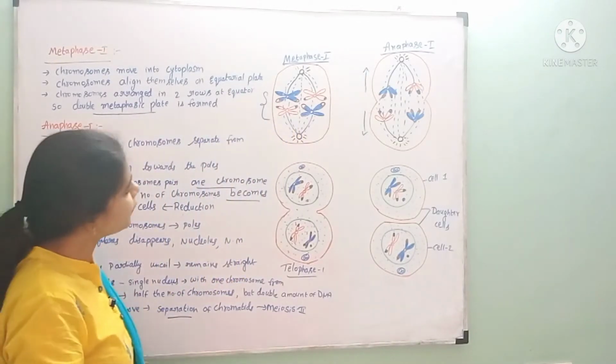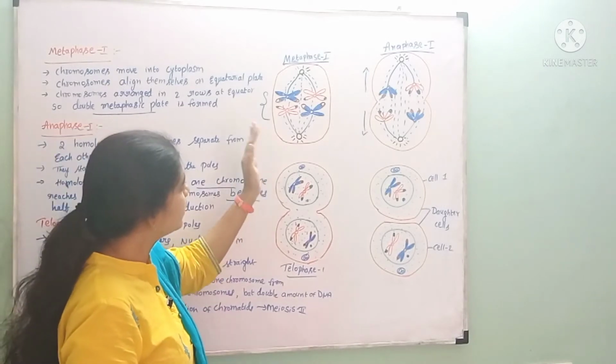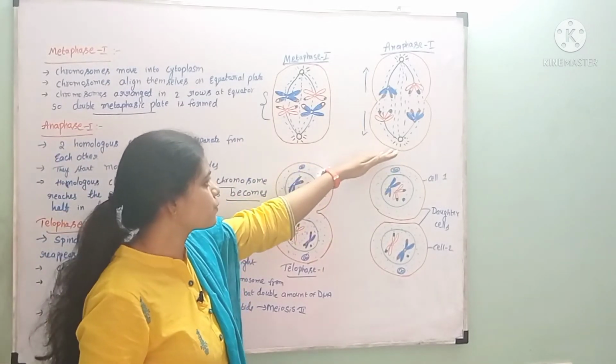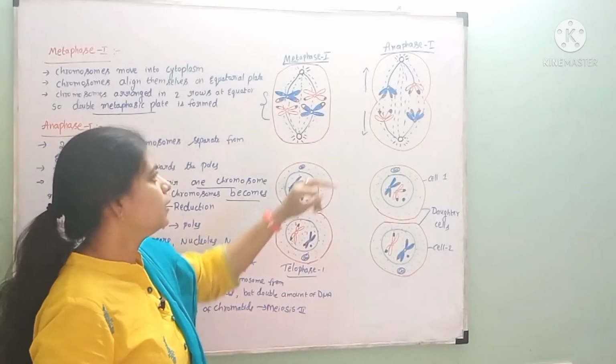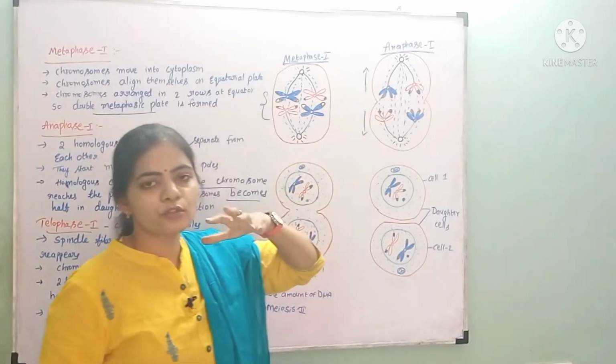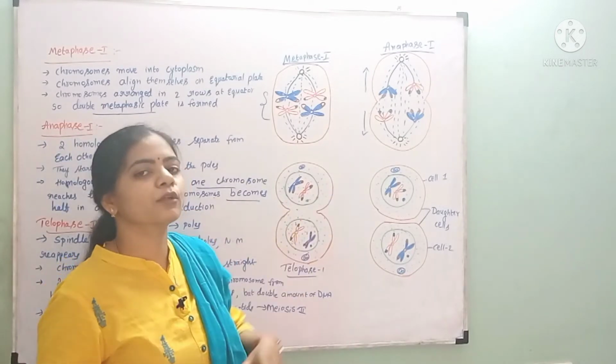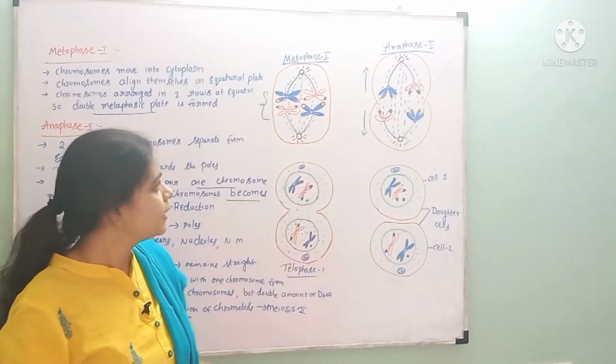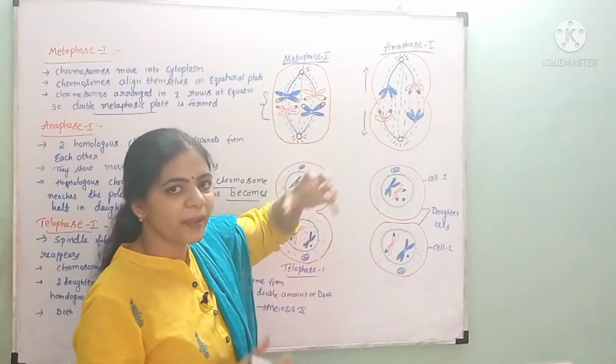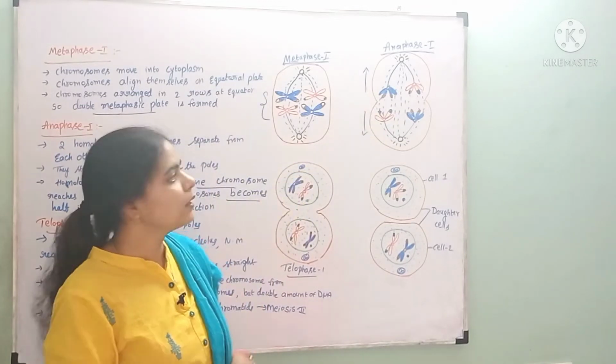After completing Metaphase 1, the cell enters into Anaphase 1. Here the chromosomes attached to the spindle fibers are pulled to the opposite ends. The homologous chromosome pair is separated here.